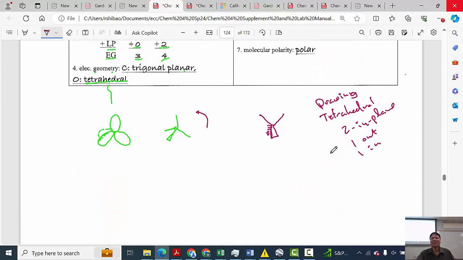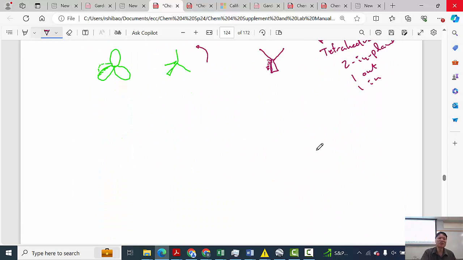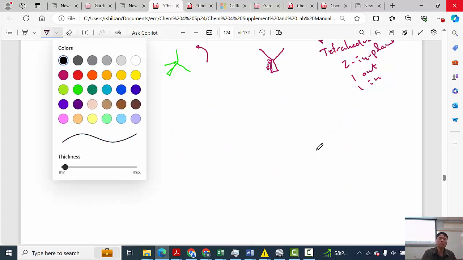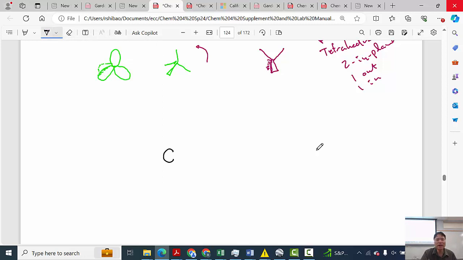So I'm going to show that a little differently here, and I want to redraw this. The trigonal planar is fine. But the tetrahedral, I would like it changed a little bit.